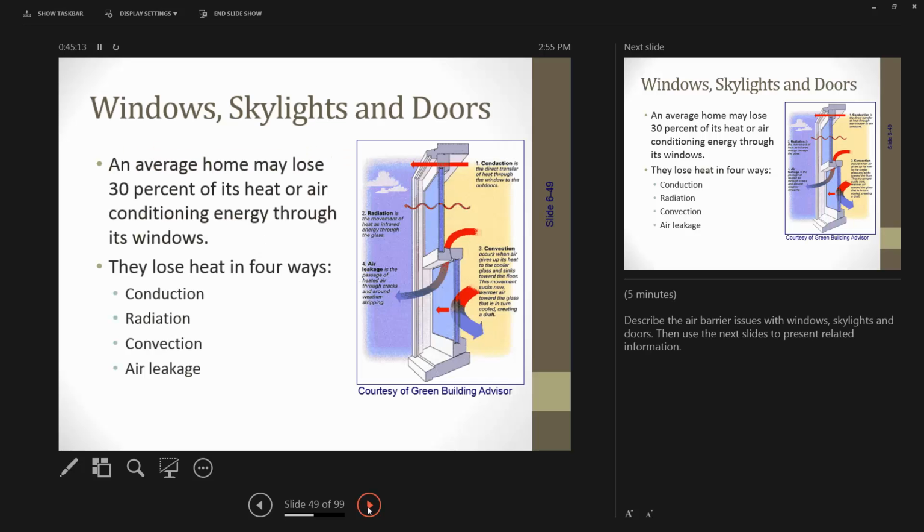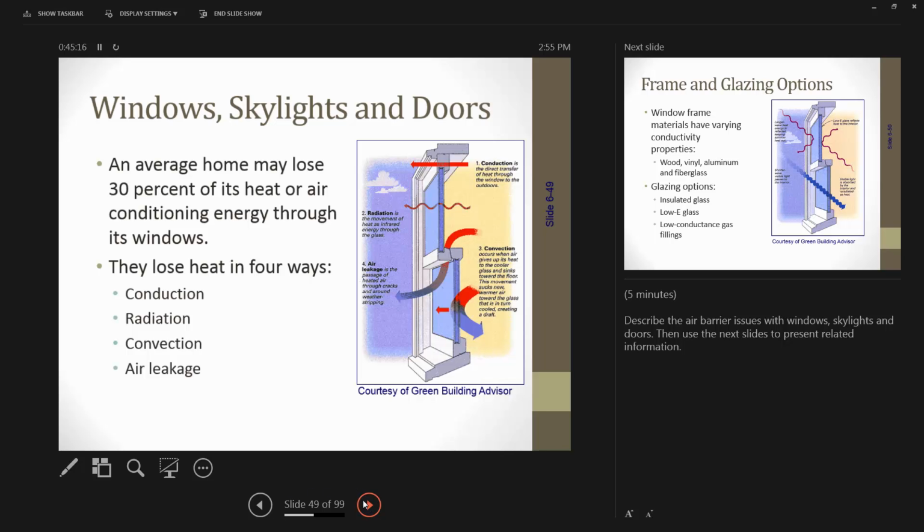And I say that just when you talk about the airtight drywall approach, it's nearly impossible to get a complete air barrier. There are just too many penetrations in a building. We can certainly get fairly effective, but to get a complete absolute air barrier is extremely difficult. It takes diligence in the installation.